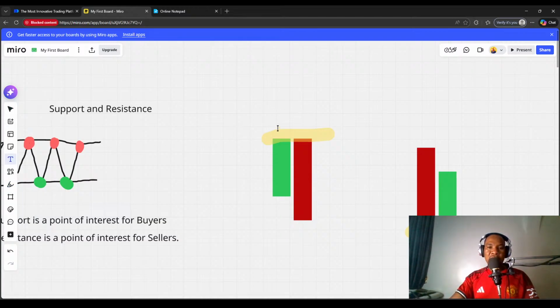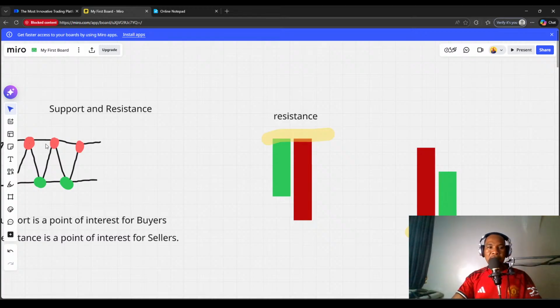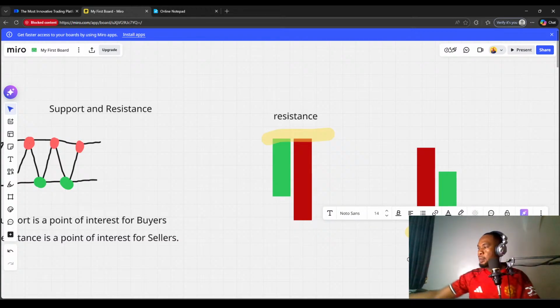So this is resistance and this is how to identify support.